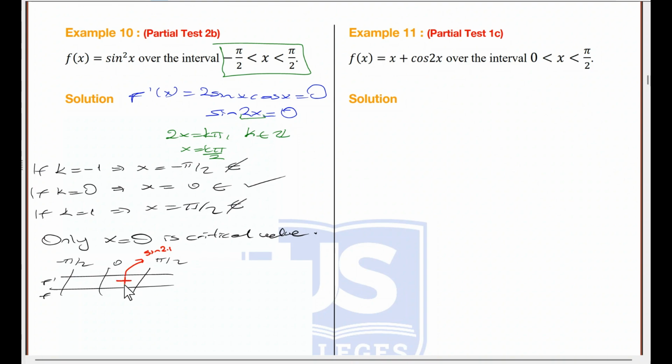Yes, it is. This region is positive, this one is negative: decreasing, increasing. So the increasing interval is 0 to pi over 2, while the decreasing interval is negative pi over 2 to 0. Since the function is decreasing at first and then increasing, there is a local minimum at 0.